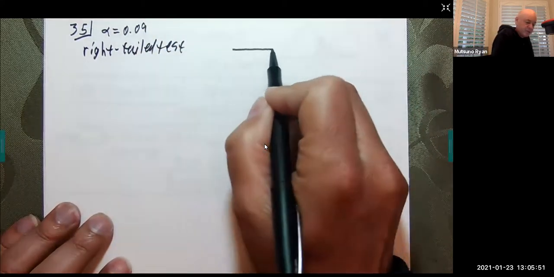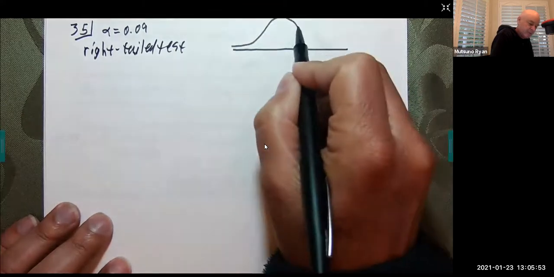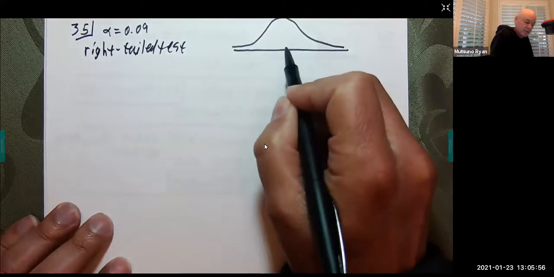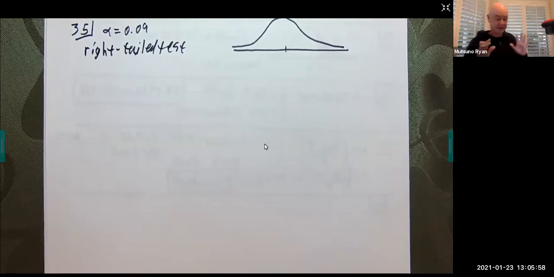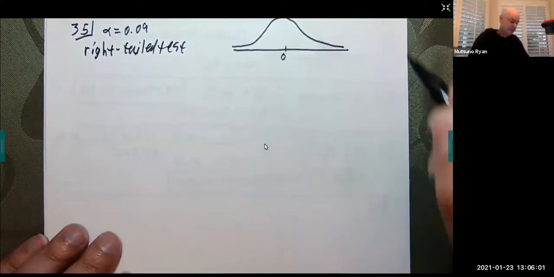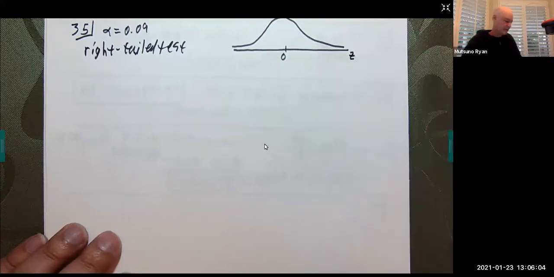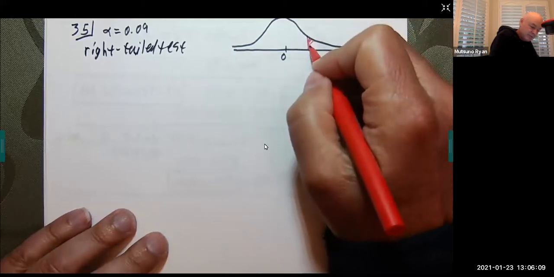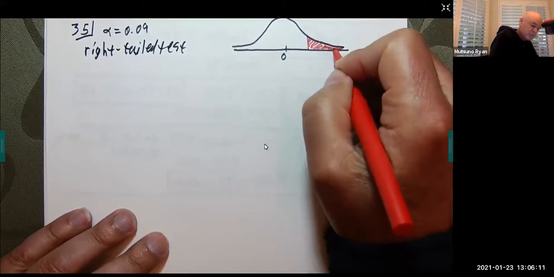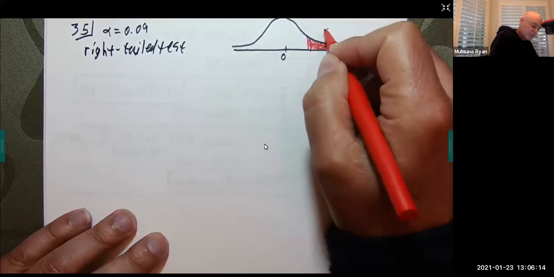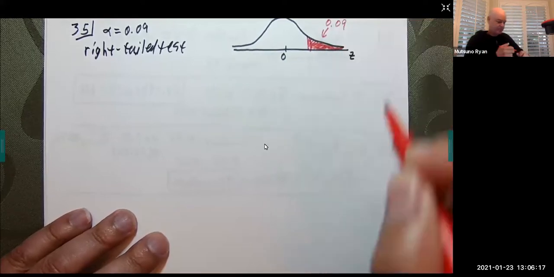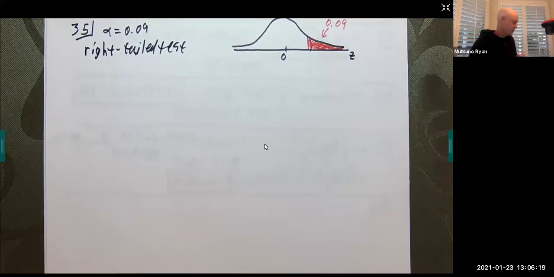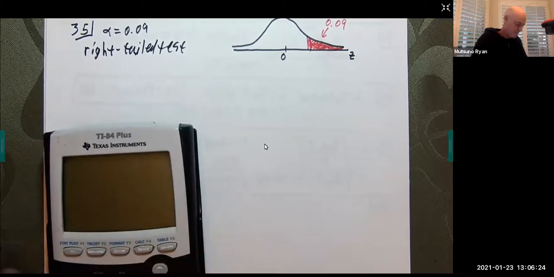And as always, I like drawing a picture. They specifically say the critical z value, so I don't have to guess whether they meant t or not. These are z's, and it's a right-tailed test. So this area is 0.09.